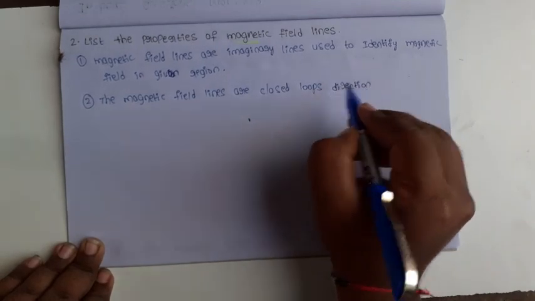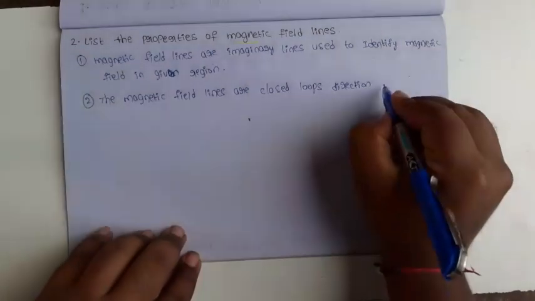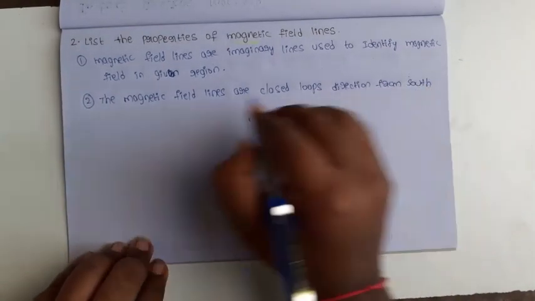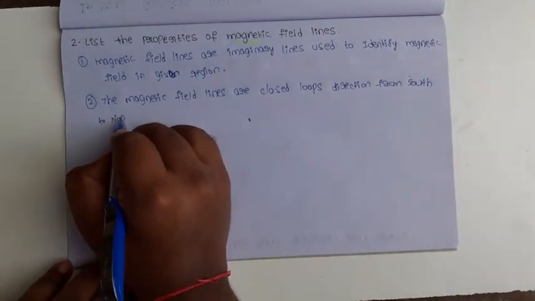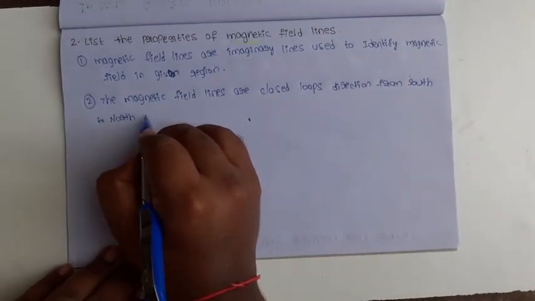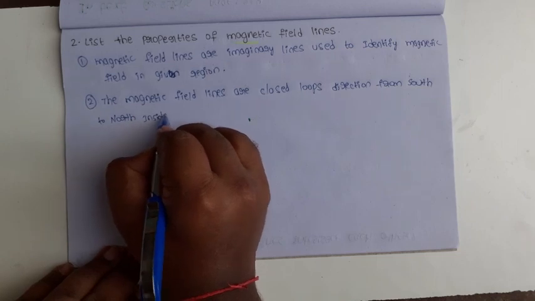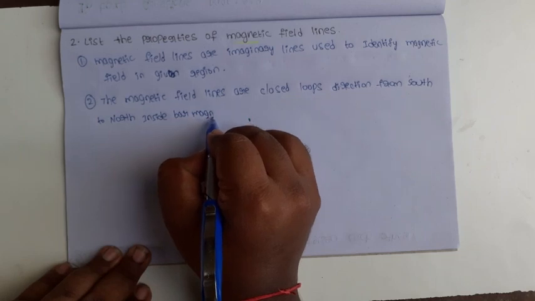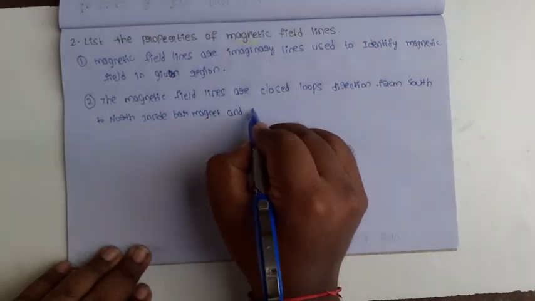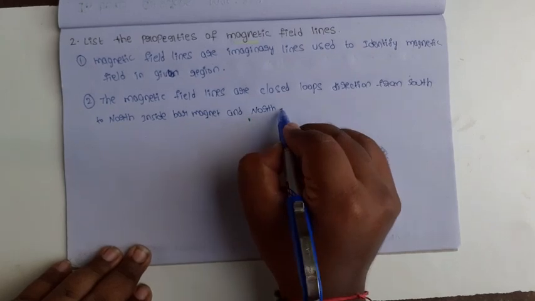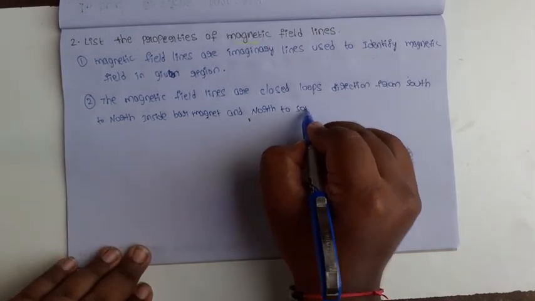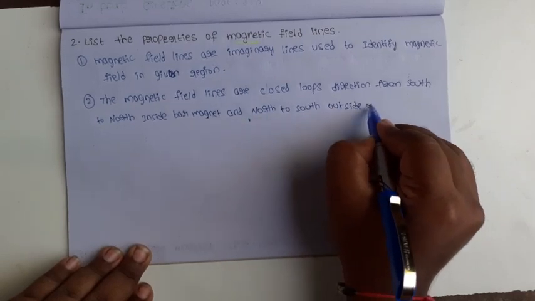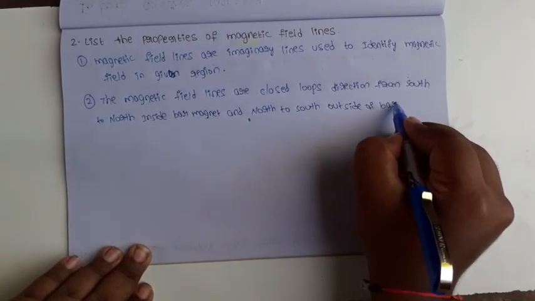The direction is from south to north inside the bar magnet and north to south outside of the bar magnet.